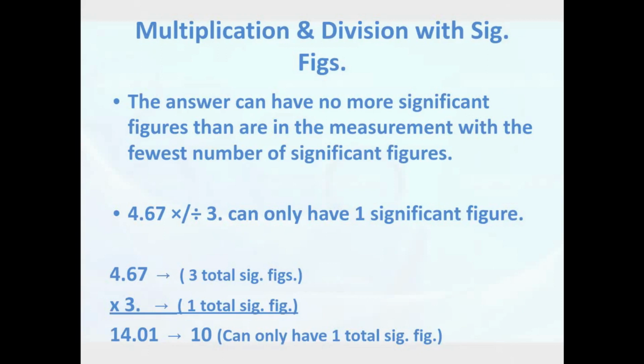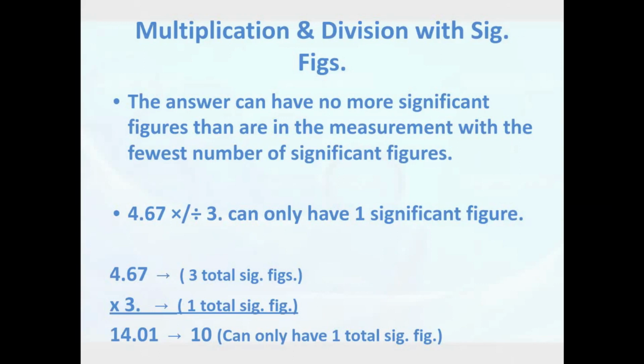So if I look at 14.01, I have to keep that value of the 14. If I were to round it to 1 significant figure, I can get rid of the decimal for sure.